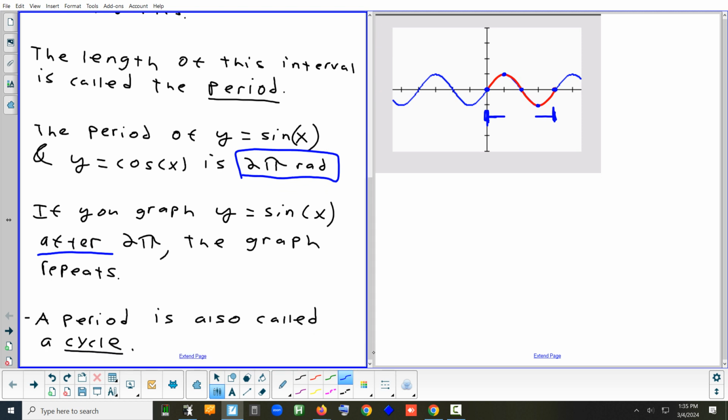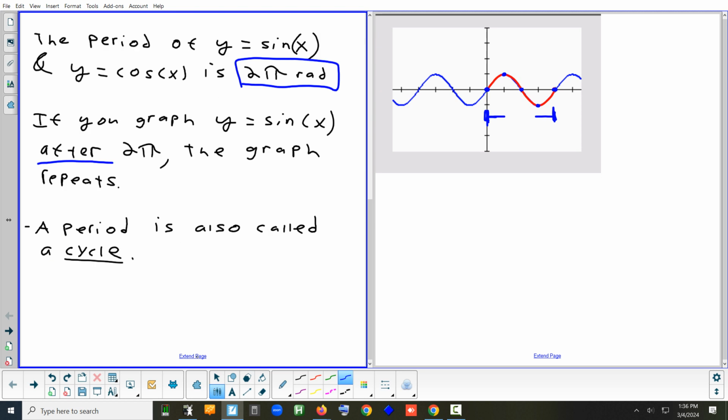And this last thing, I think I already mentioned this a couple times. If I say to graph 1 period of the graph, it also is the same as just saying 1 cycle. I guess the word you use, period versus cycle, sometimes depends on the context. So if you're talking about a sound wave, sound frequencies are measured in hertz.